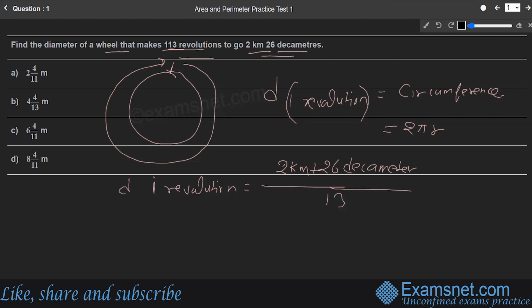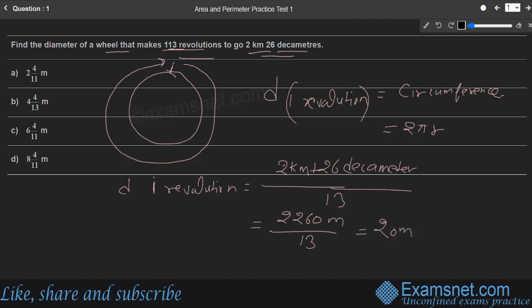If we solve this further, this comes out to be 2260 meters divided by 113, because a decameter has 10 meters.